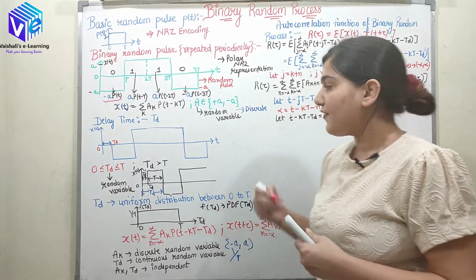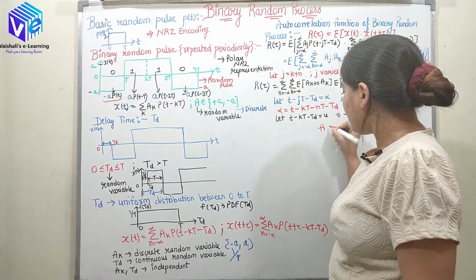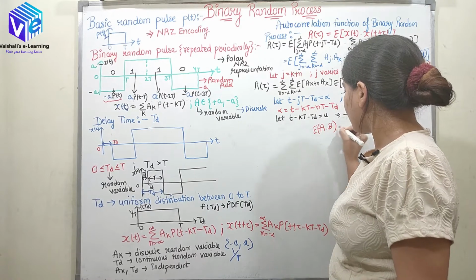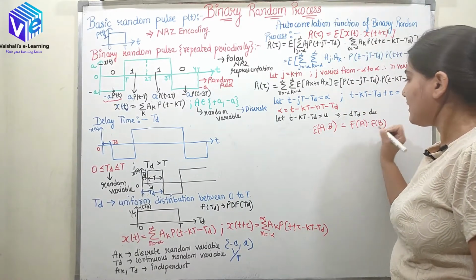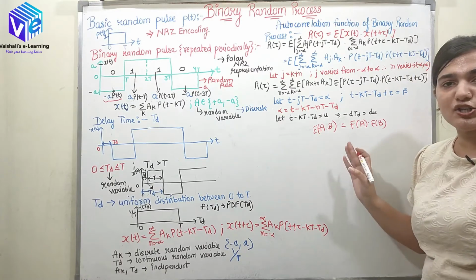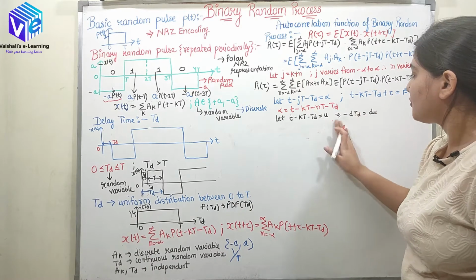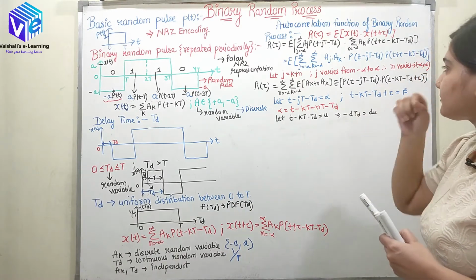Now if two random variables are independent, then a into b can be represented as E[a] into E[b]. This is the condition of independence, and I have used it here. So E[ab] is equal to E[a] into E[b].